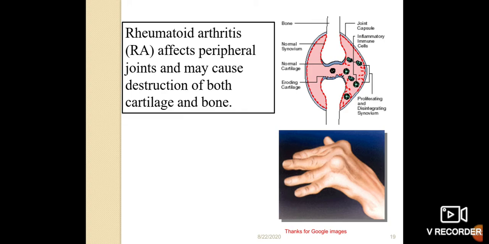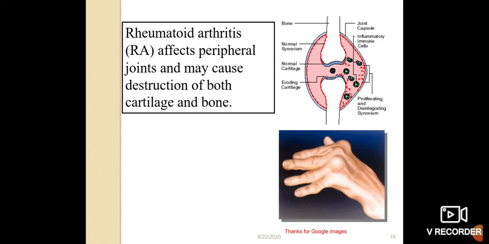As we can see in this figure, there is destruction of the synovial membrane in different joints, especially in the extremities, the fingers of the limbs. We can see that rheumatoid arthritis usually affects the small joints. But in rheumatism, it actually affects both large and small joints.